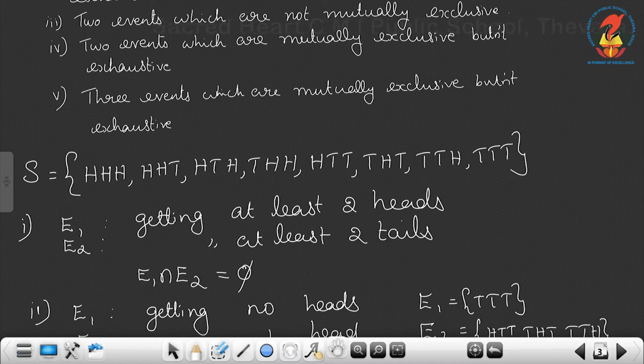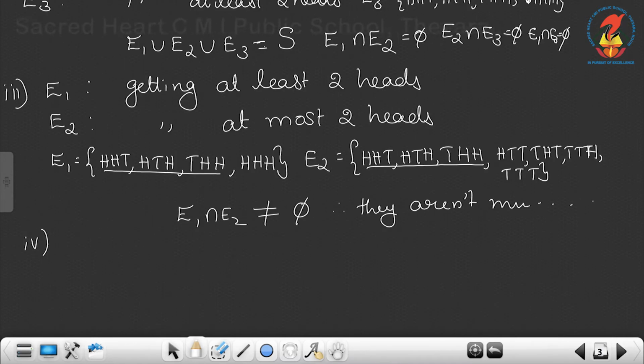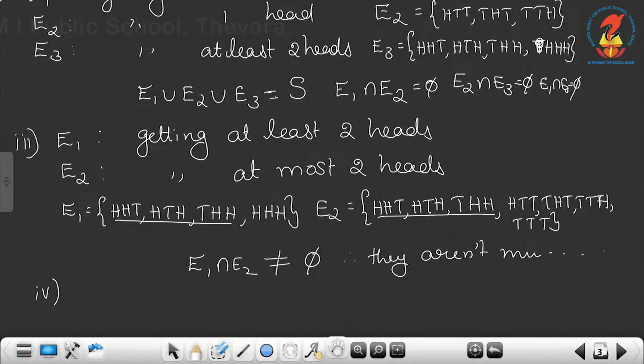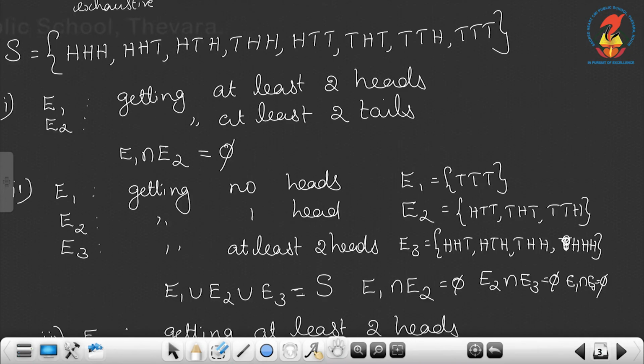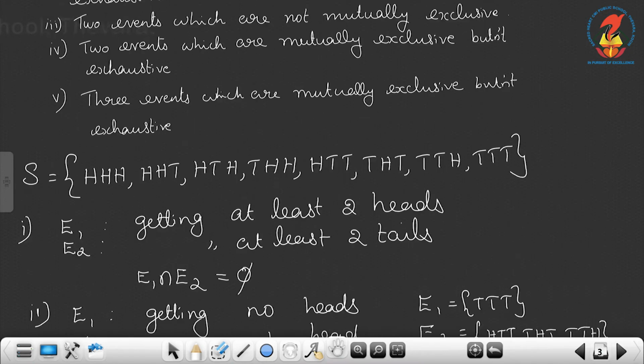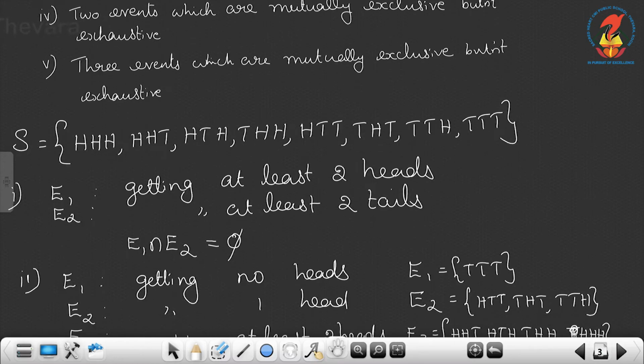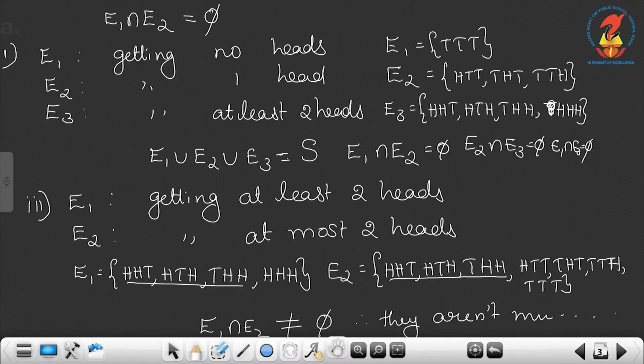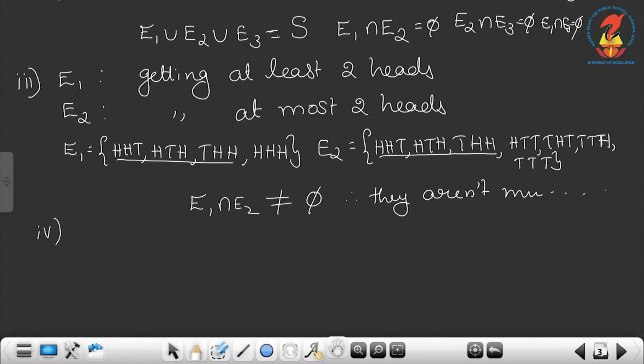2 events which are mutually exclusive but not exhaustive. Look at the third example, E1 and E2. They are not mutually exclusive. And the question is, they are mutually exclusive at the same time but not exhaustive. What is the union of E1 and E2 here?